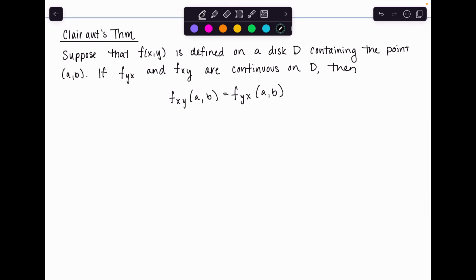So now we can extend the same notation and concepts to functions of more than two variables.